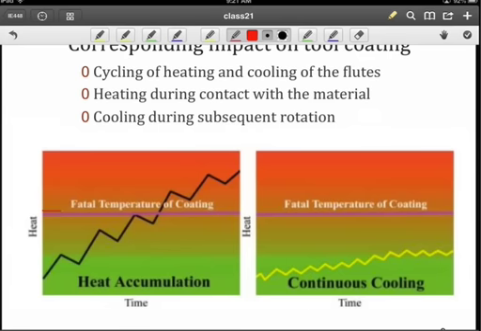And you can see here there's a threshold at which the coating will begin to break down, and then it will no longer be effective. So what we'd like to do is keep below that threshold by having some continuous cooling, which may be due to our coolant on the material or the way in which we are cutting. So careful consideration has to be given to the type of cutting that you're performing.